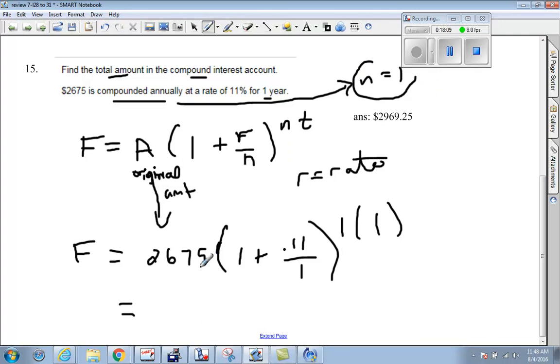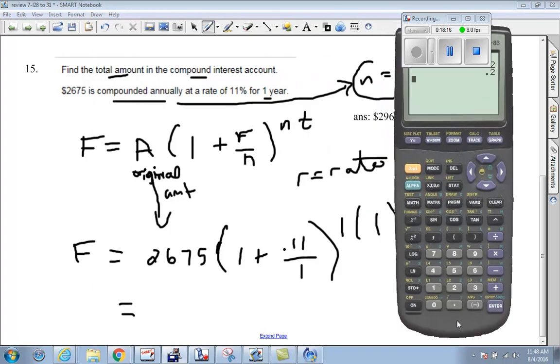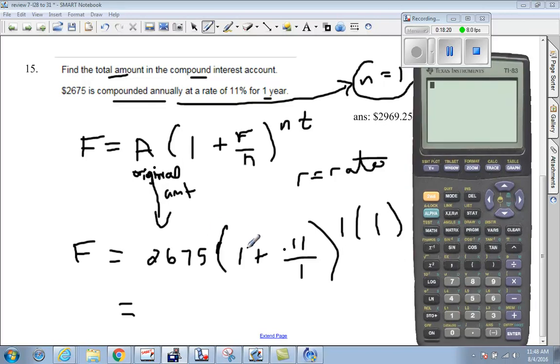Okay, the big thing is, how are you going to type this into the calculator? Well, luckily there's small numbers here, so it won't be hard. But I always say do order of ops. So let's go in the parentheses first. So 0.11 divided by 1 is just 0.11. Then plus 1, so I've got 1.11.